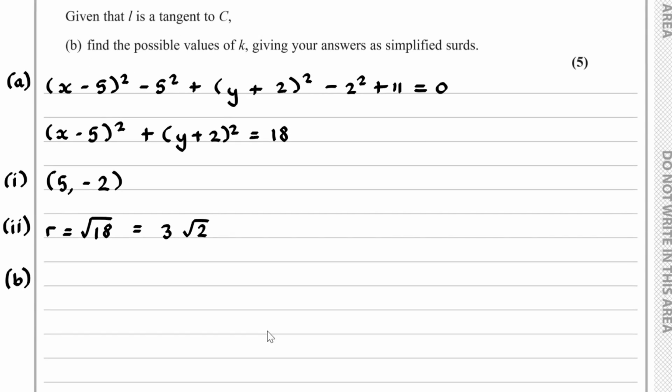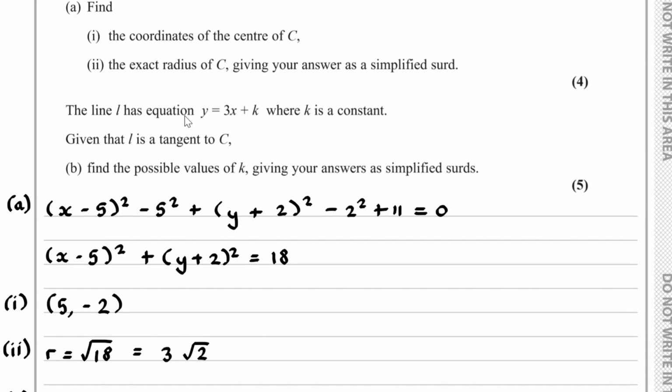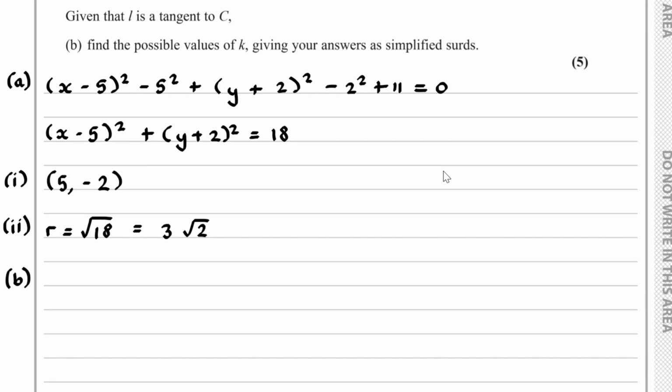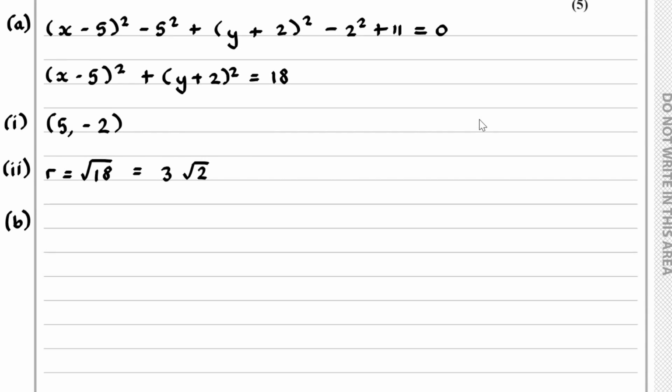Now for part B, the line L has equation y equals 3x plus k, where k is a constant. Given that L is a tangent to C, we have to find the possible values of k, giving our answers as simplified surds. Let's sketch the problem.